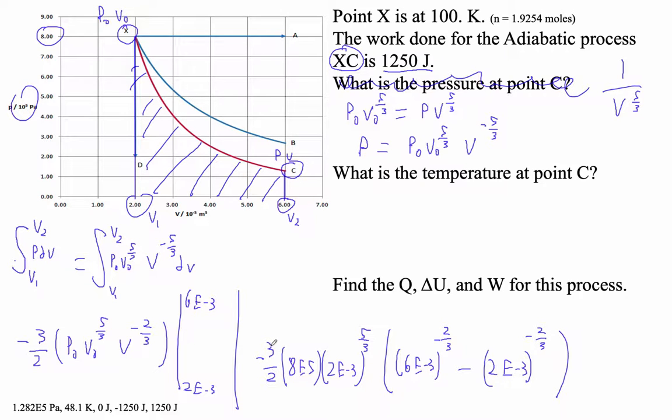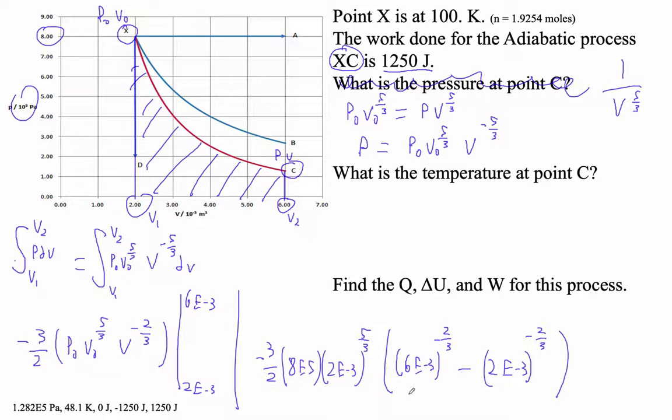So the opposite of 3 divided by 2 times 8E5 times 2E minus 3 raised to the 5 divided by 3, hit the right arrow, times parentheses. I don't need the times, but I'm just, and then I'm going to go 6E minus 3 raised to the negative 2 divided by 3, hit the right arrow, minus 2E minus 3.